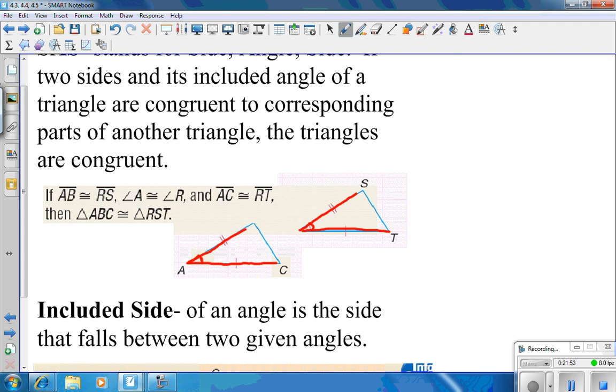If that occurs, and only if that occurs, can I say the triangles are congruent? Yes. Okay? Only if that occurs, though. It has to be the included angle. If it's an angle over here, you cannot say that. Okay? It just doesn't work.